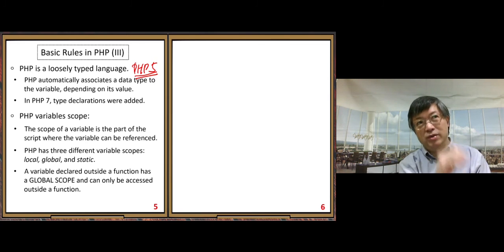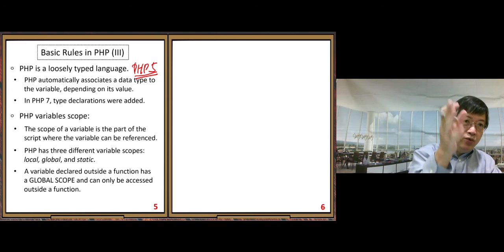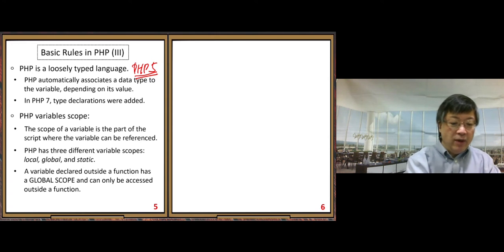Because different functions can access those instance variables, it is kind of global. All right. Here in PHP, there is a particular rule for the global variable.